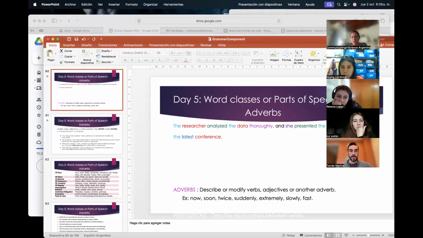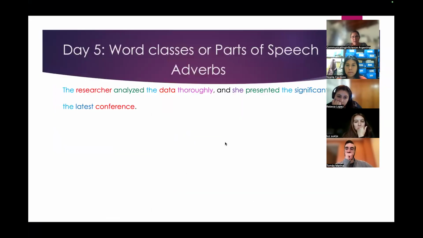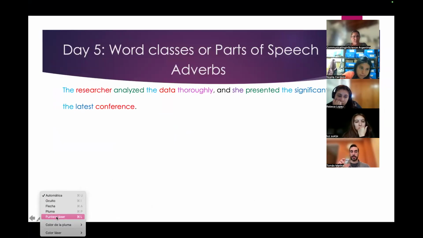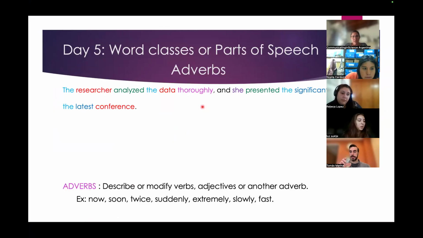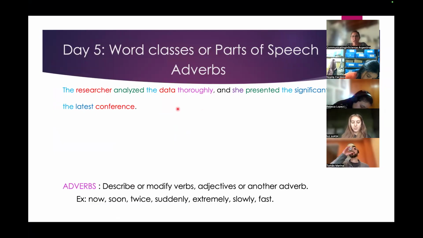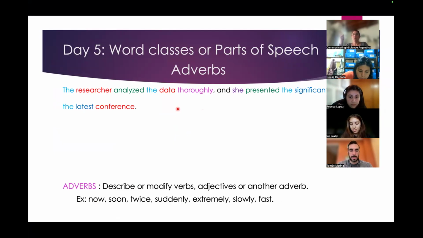Okay, let's see. I'm on day 5 and yes, you're seeing my screen, right? Adverbs. As we said yesterday, adverbs modify verbs, adjectives, and another adverb. We have some examples here. We are going to see more of them. So now, soon, twice. Twice means 2 times.